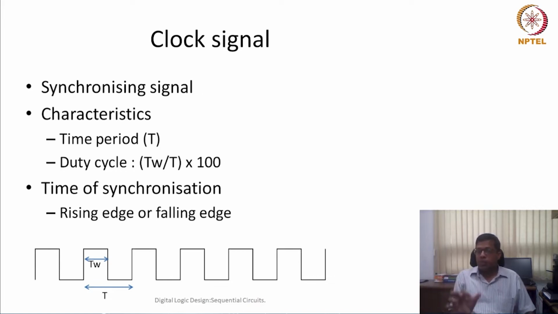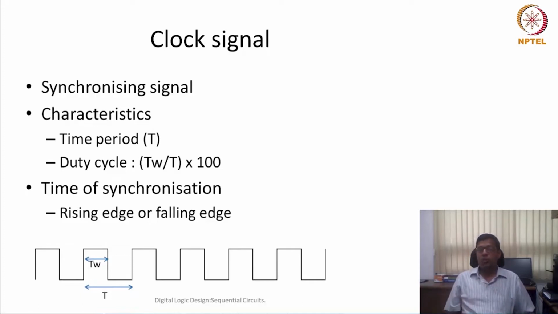If we make sure that each of these steps can be done in some definitive time, then things get easier for analysis and easier for designing. That is why this clock signal is used in almost all kinds of digital circuits.